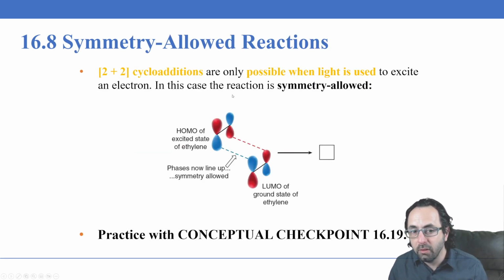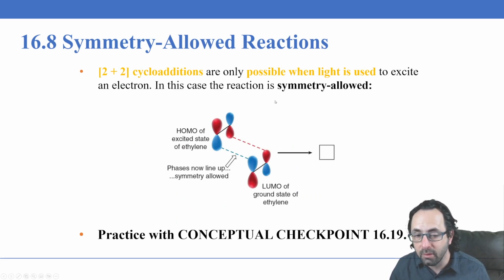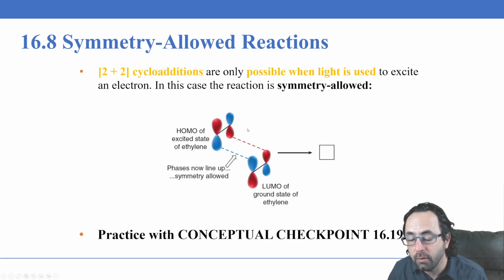So the result is that 2+2 cycloadditions are only possible when light is used to excite an electron in one of the molecules. In that case, the HOMO of one ethylene will have lobes of these orbitals that are opposite to one another, and so will the LUMO, the lowest unoccupied molecular orbital of the other ethylene that's not excited.